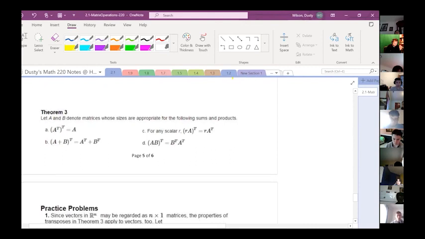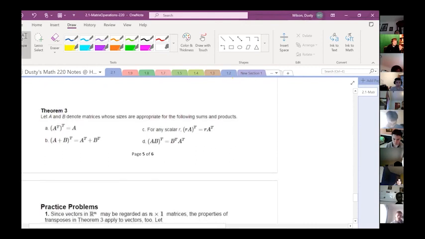So a couple of theorems about that. Just like we said, if you transpose a transpose, you get back what you started. If you want to do this with addition, you just spread out the T's. That one's easy. If you have scalar multiplication, you don't do anything special with the scalar. You're just transposing the matrix.